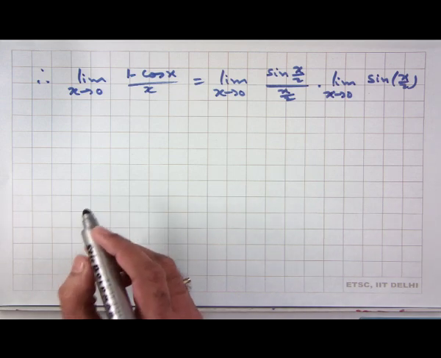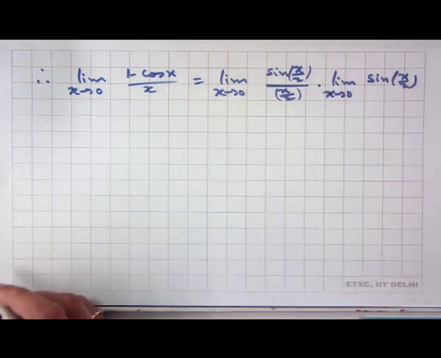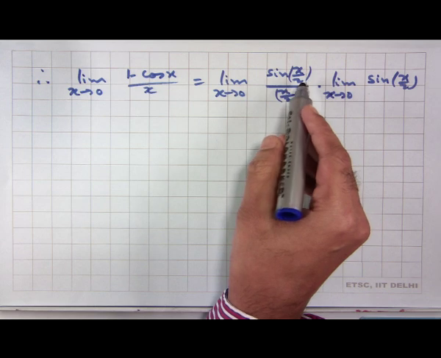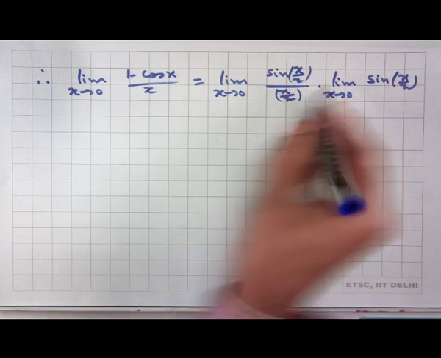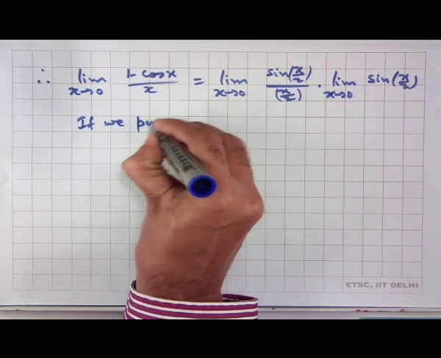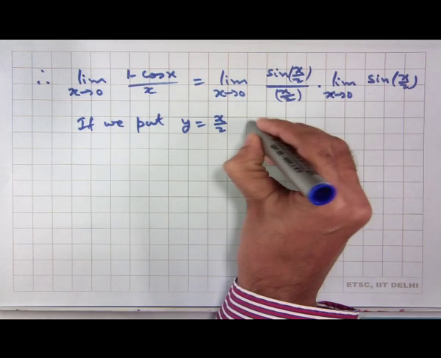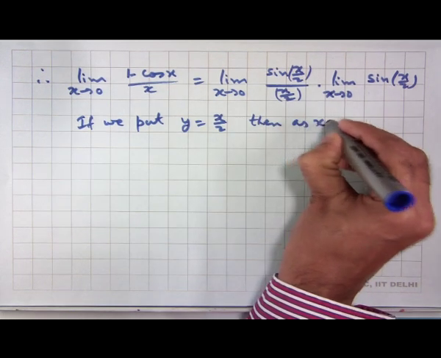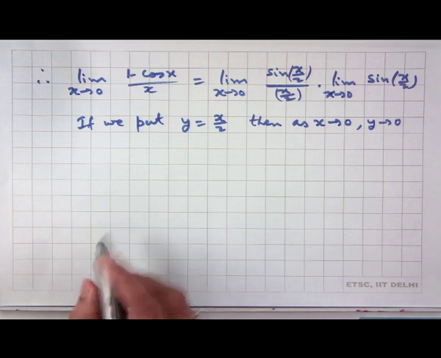So, now what we know is that the limit of sin x by x as x approaches 0 is equal to 1. Here what we have is sin of x by 2 divided by x by 2. So, if we put y equal to x by 2, then as x tends to 0, y also tends to 0, because y is half of x.